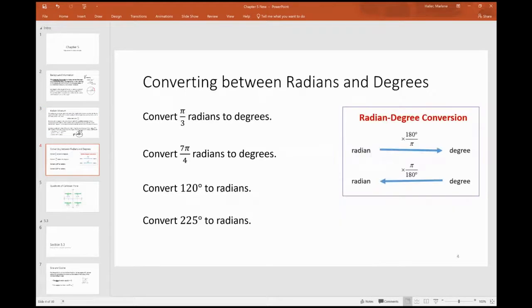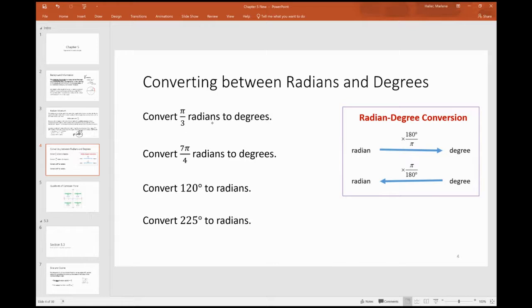We can convert radians to degrees and degrees to radians. To convert radians to degrees, we simply multiply by 180 and divide by pi. To convert degrees to radians, we want to multiply by pi and then divide by 180. A couple of examples.